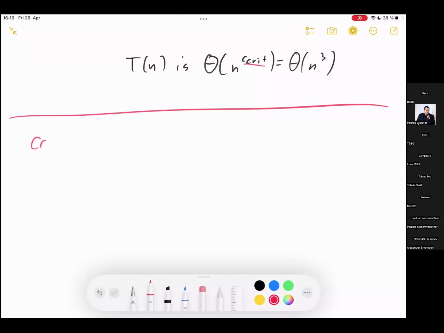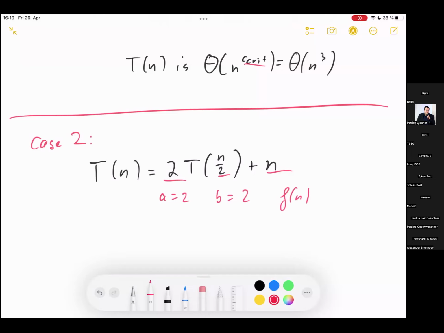So now we're doing case two. We're just using the recurrence relation we solved manually before. It's T of n equals 2 times T of n half plus n. Again, A is 2, B is 2, and f of n is just n.